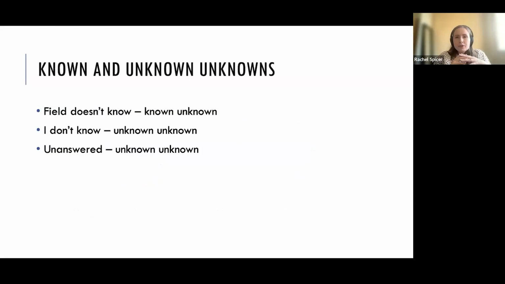So that's part of the reason why the answers are designed to have the yes, no, field doesn't know, I don't know, because field doesn't know is more informative than I don't know or unanswered, because field doesn't know tells us we have a known unknown. So potentially that is an area where we will never know the answer. So we need to consider that for future analysis.